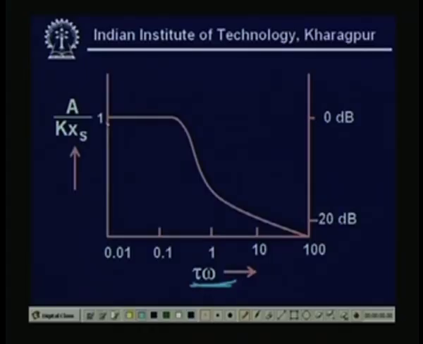Since it is normalized, this output will be 1 and 20 log10 of A by k xs will be 0 dB, right. As we increase the frequency, there is a roll off, and for the first order system this will be minus 20 dB per decade, right. So, this is a roll off and there is a phase. The flat response, after that it will start to fall.